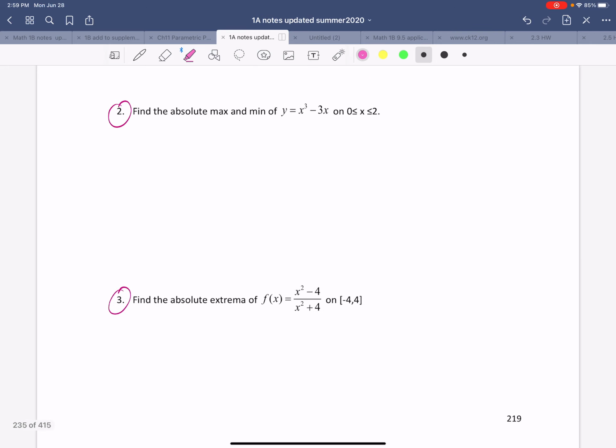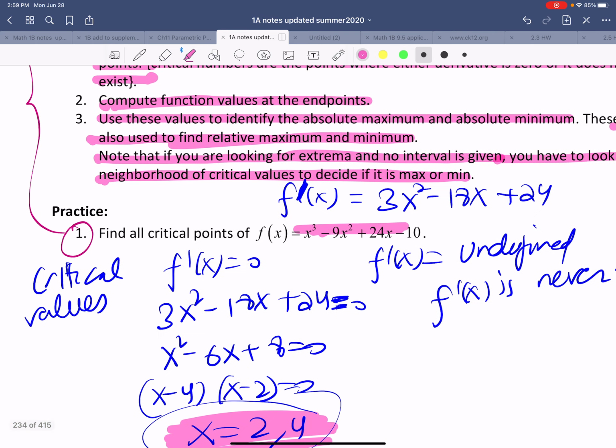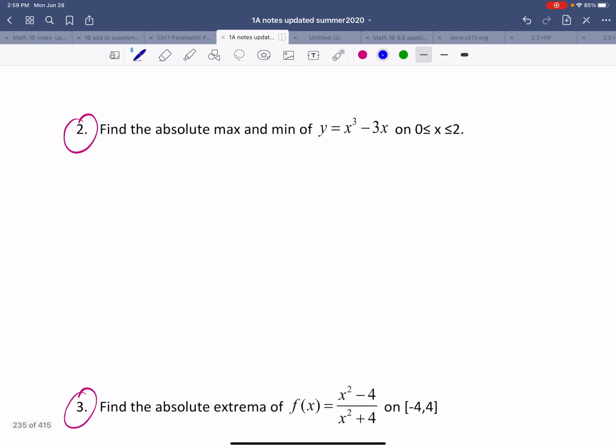Check out another example. In the last example, we were only looking for critical points, so we could stop once we found the critical points. In this example, we need to find the absolute max and min of this function on this interval. Our extreme value theorem tells us if we're looking at a closed interval, we do have an absolute max and an absolute min in that closed interval.